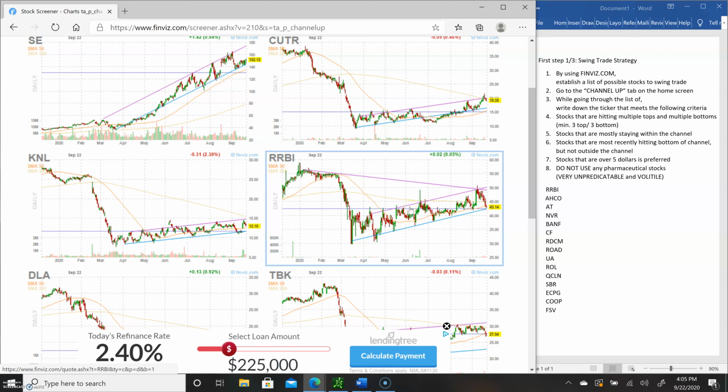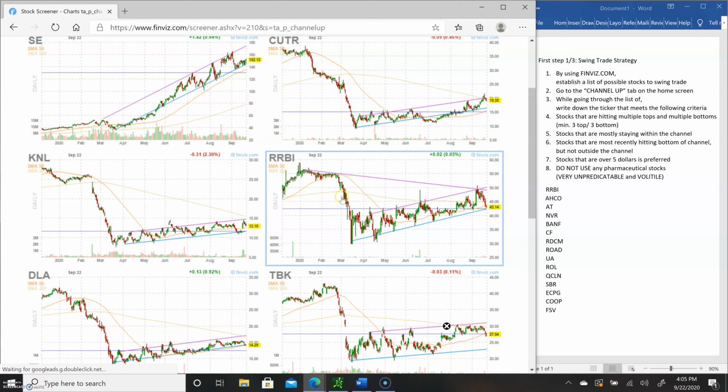So we're going to make a list of all these ones that are hitting multiple tops, multiple bottoms, and most importantly is currently hitting the bottom, because we want to buy it at the lowest price and ride profit up towards the top. So our first one is going to be RRBI.